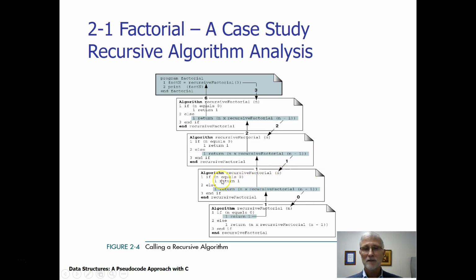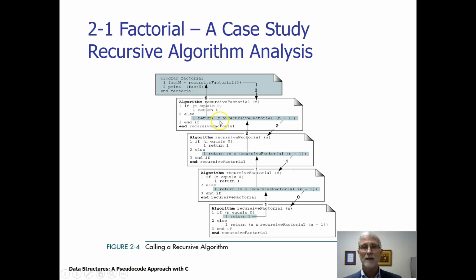It's still not equal to 0, so I've got to call n minus 1. Now it's equal to 0, so I'm going to return a 1. So I return a 1 for this value, then do n times that, return that value, so I'm going to return a 1 because n is 1 times 1 is 1. Now I've got n is 2 times 1 gives me a 2.